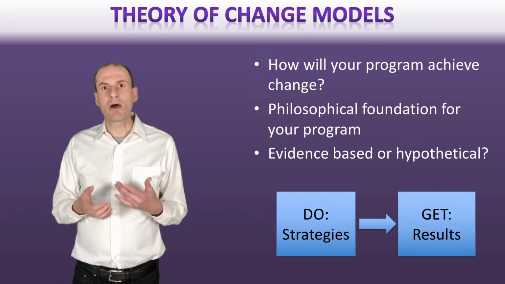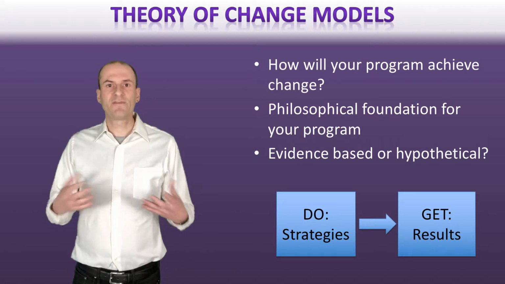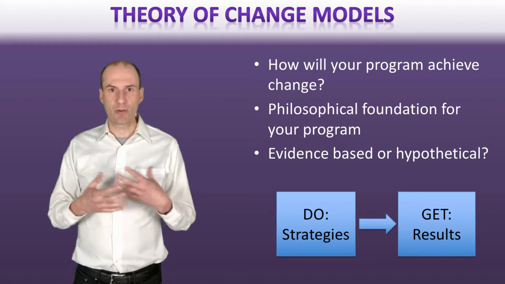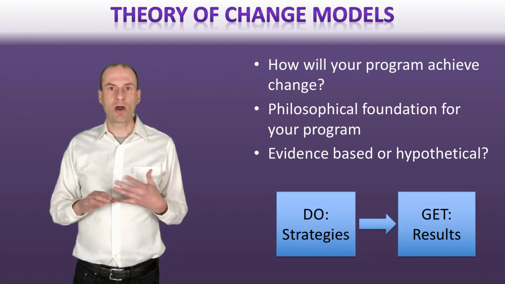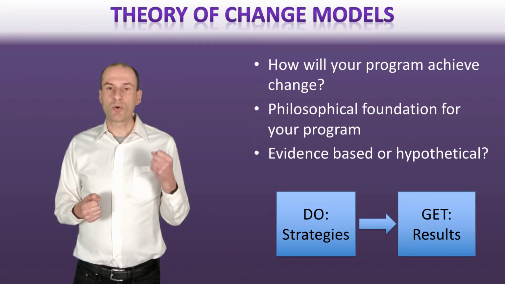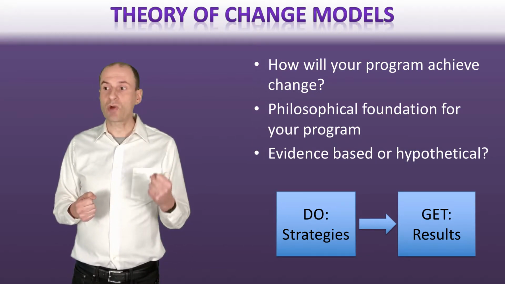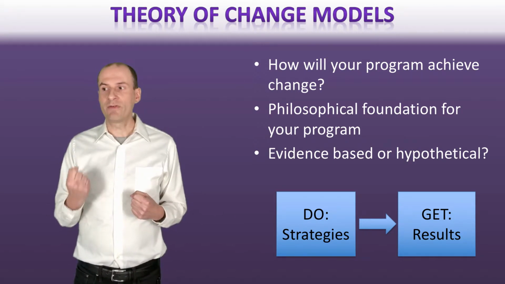You also want to think about, theoretically, how is that actually going to occur? What is the philosophical foundation of your program or approach? How are you going to go from point A to point B? So here you're going to be describing what you're going to do, what are your strategies. You can describe what you're going to get out of that, right?